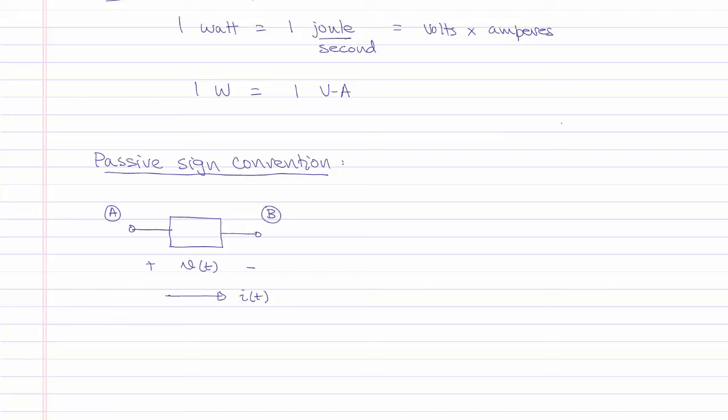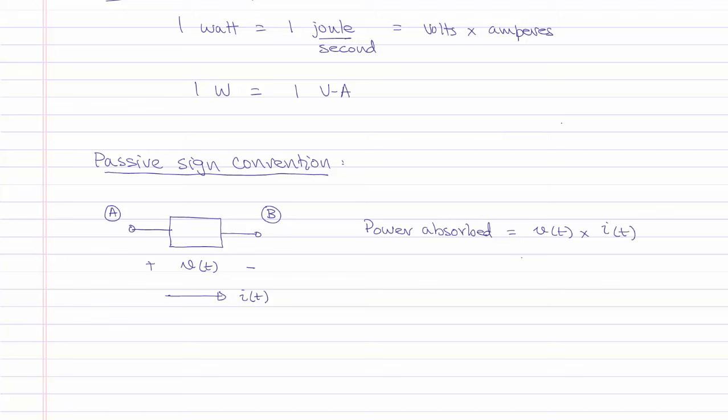Note that the current I of t reference direction is always taken to be from the positive end of the voltage reference direction to the negative end. If we follow this convention, then the power absorbed by the element is equal to the voltage V of t multiplied by the current I of t.